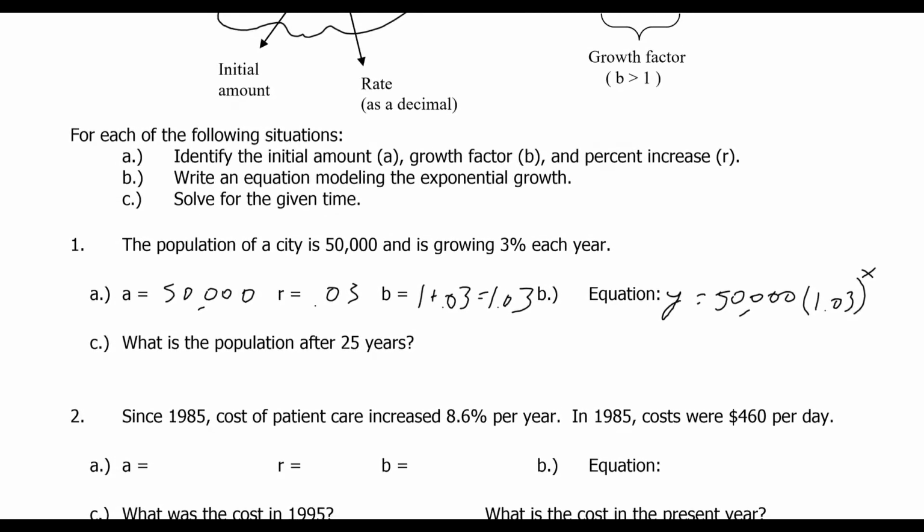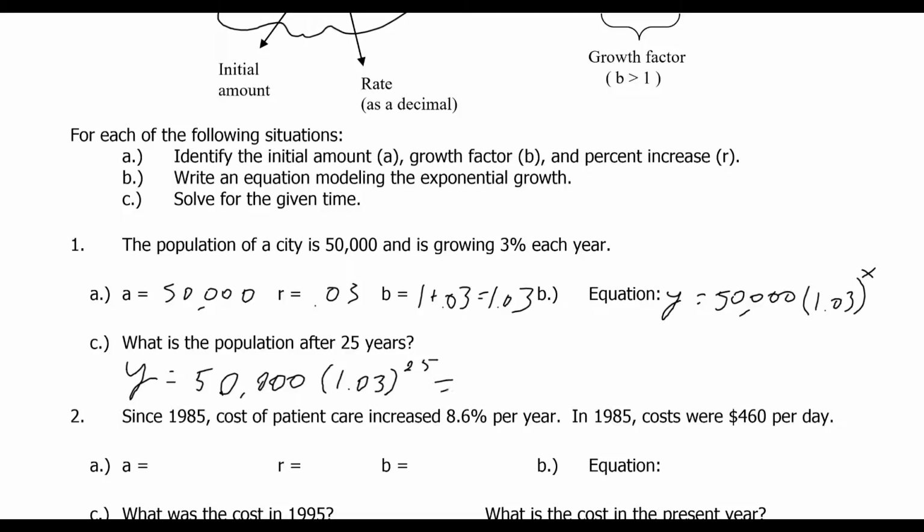All right, now let's look at the next part here. It says, what is the population after 25 years? Well, the formula for that is going to be y equals 50,000 on the outside of 1.03 raised to the 25th power.